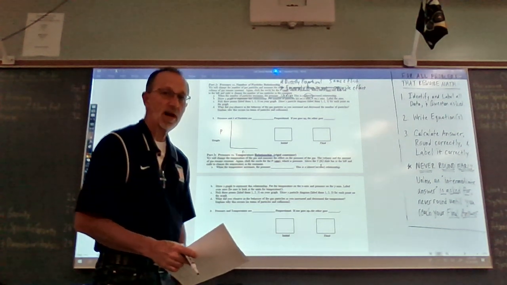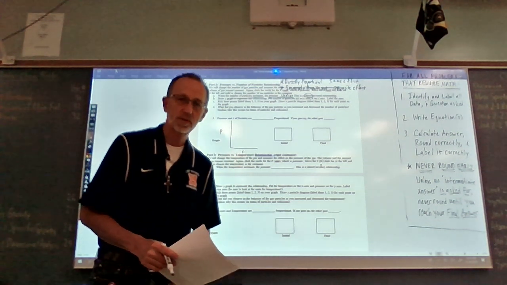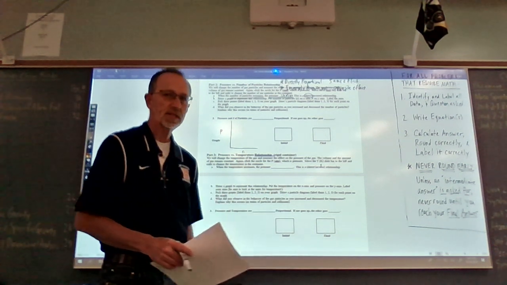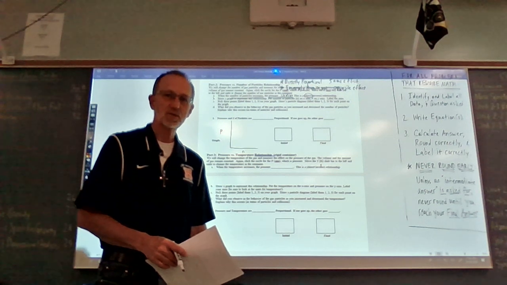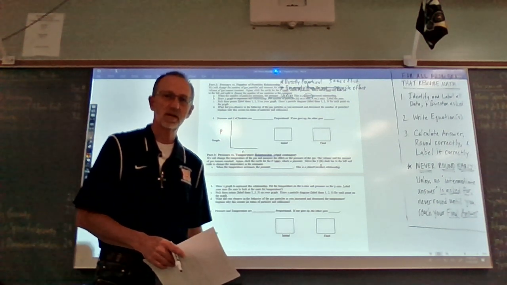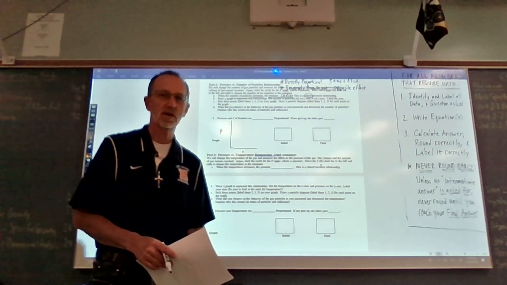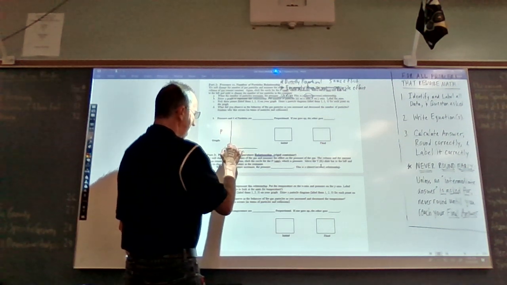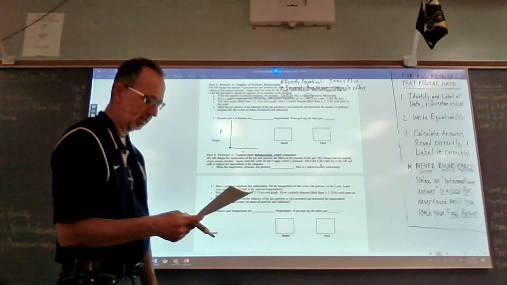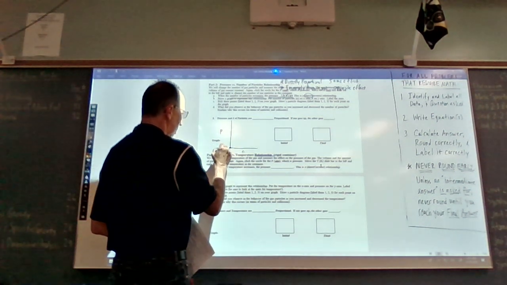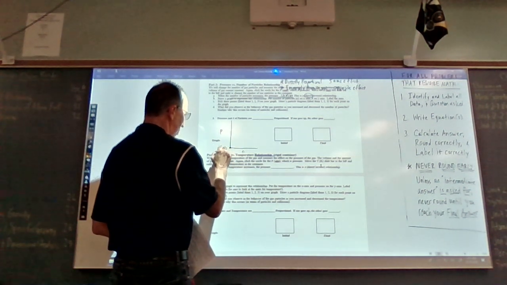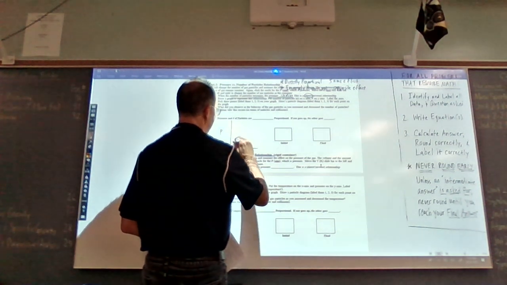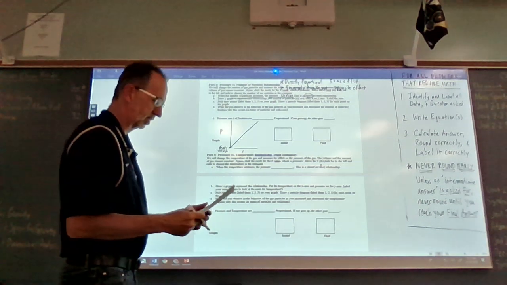Now, will this graph run through 0, 0, run through the origin like a density graph does? Well, think about it. If there are 0 particles, how much pressure are you going to get from the force of their collisions? Well, if there's no particles, there aren't going to be any collisions. So if you said 0, 0 is a valid point, you're absolutely right. And remember, it graphs a straight line, positive slope.